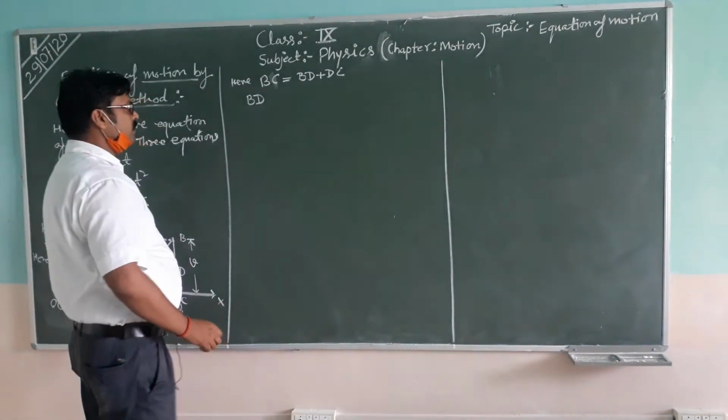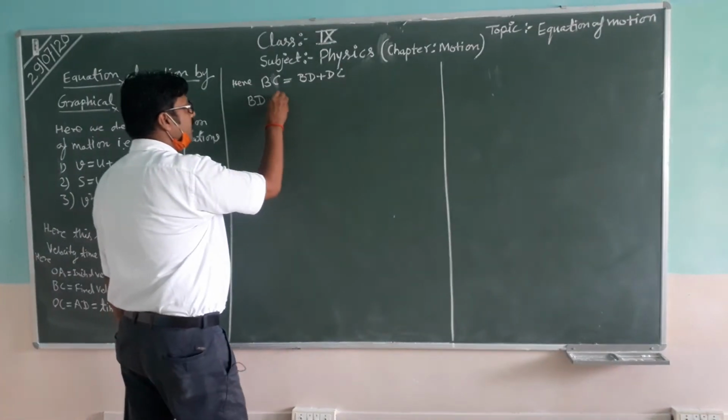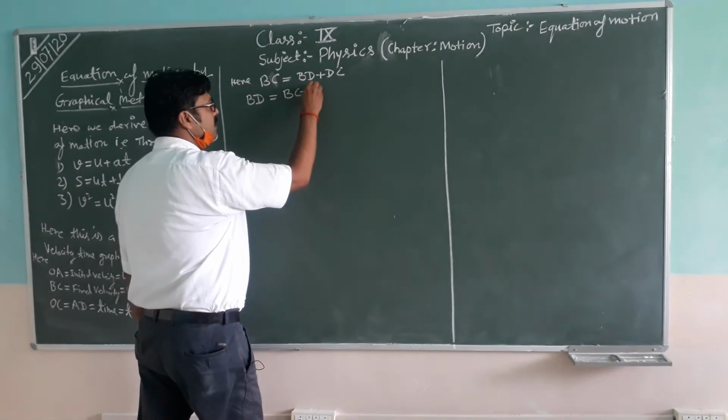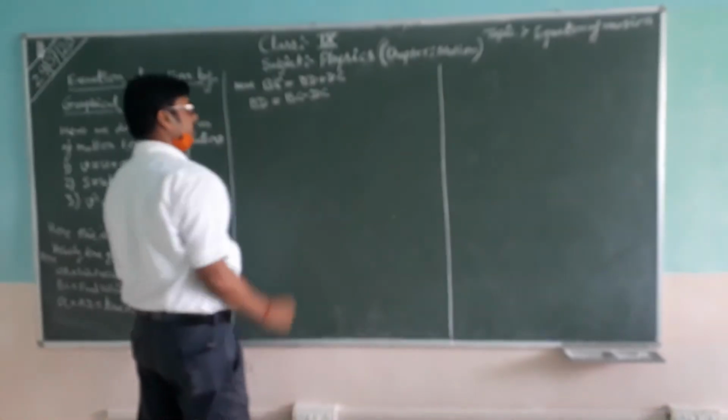Then what is the value of BD? BD equals BC minus DC.